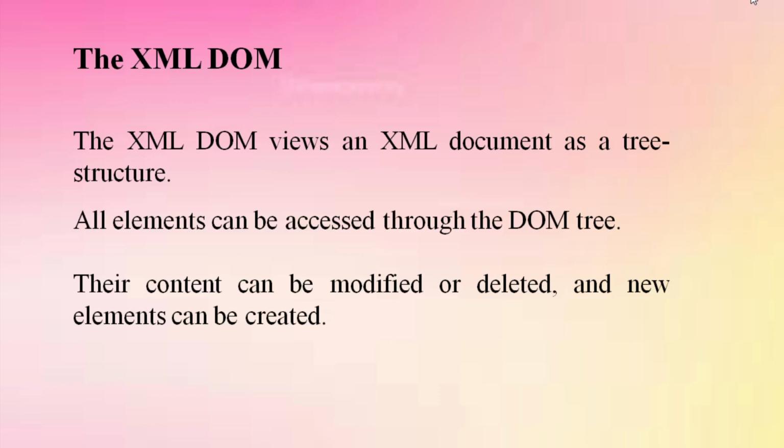XML DOM, as we have seen, views an XML document as a tree structure. All the elements are accessed through this tree and their contents can be modified or deleted and new elements can be created for different applications.